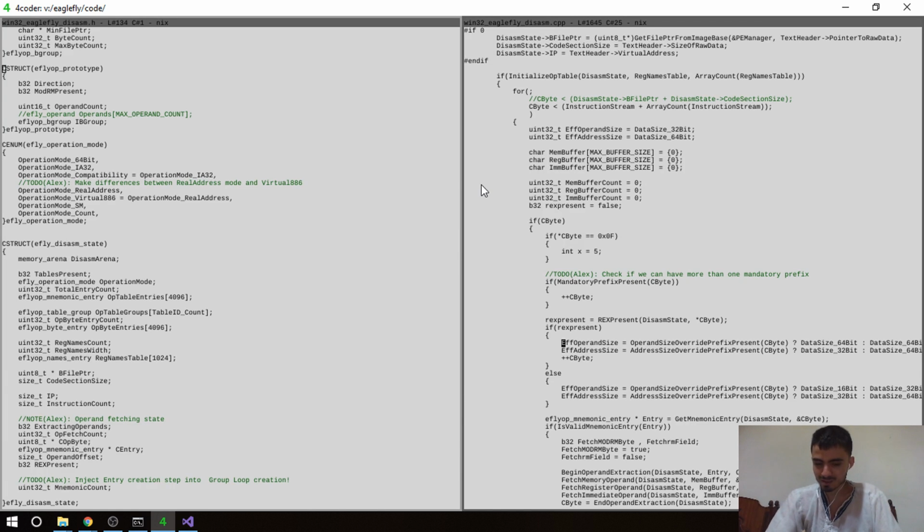I mean, we're making a lot of assumptions here, but if we assume that the instruction stream has to be consecutive, then we shouldn't even check for that.